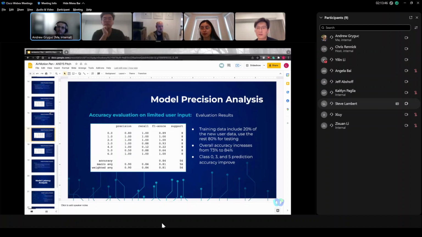So I will go through our data pre-processing pipeline. Basically, the IMU sensor will read the gyroscope data and accelerometer data, and we will collect it and then standardize it.